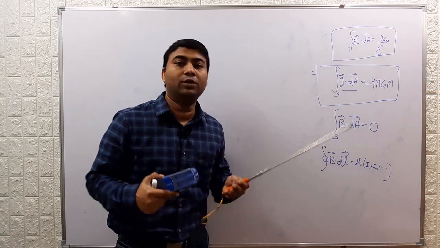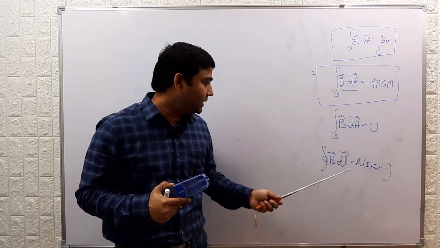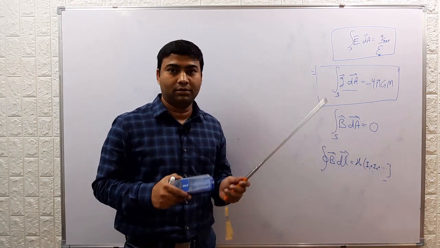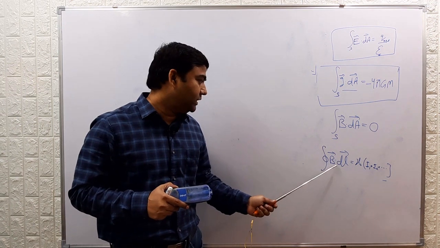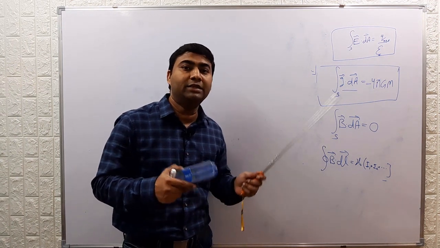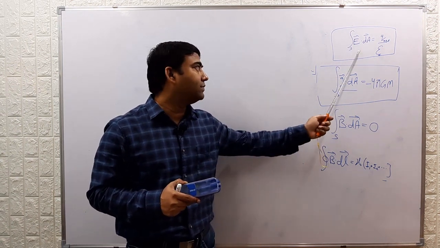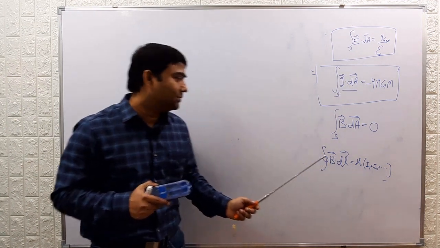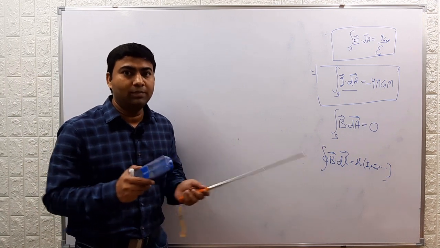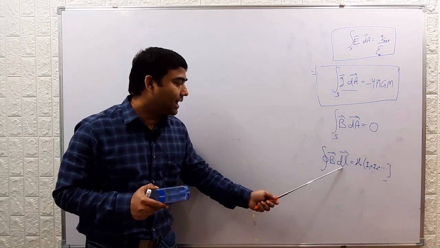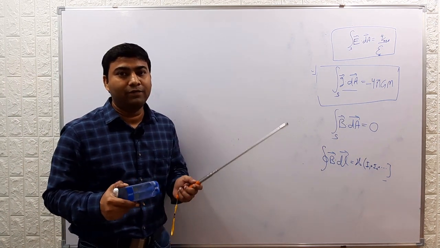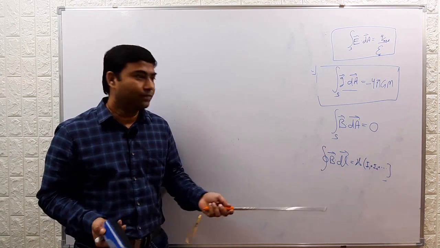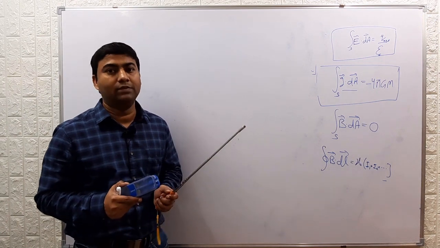Similarly, in Ampere's law, we create a suitable path so that B dot dl, the line integration, is easy. Here we were making surface integration easy. Here we have to choose the path suitably so that the line integration can be found easily without actually carrying out integration. Only then will Ampere's law simplify the problem.